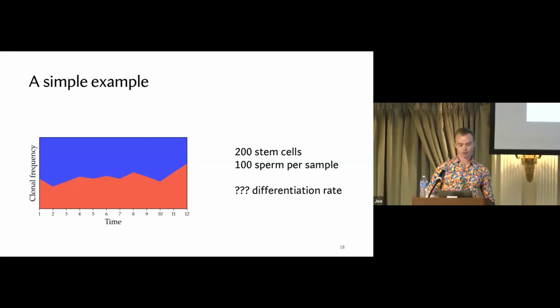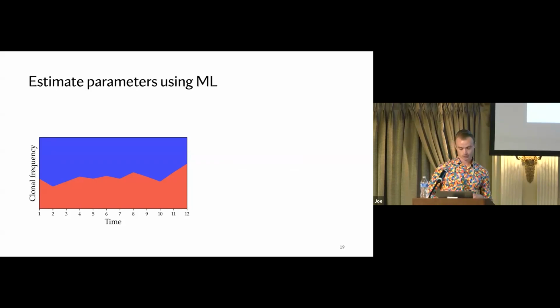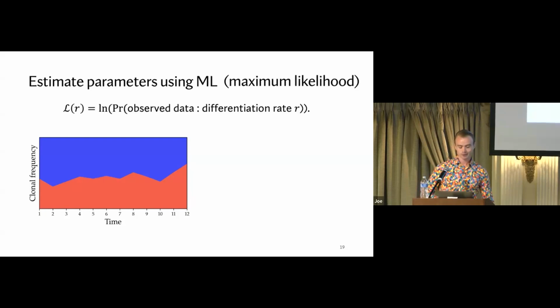And so what I'm going to do is try to predict what rate of drift will be most likely to reproduce this data. I'm going to use ML to estimate my drift parameter, where of course by ML, I'm referring to maximum likelihood. So I'm going to define this likelihood function, and that's simply the likelihood of seeing this observed data given some specified rate that drift is happening.